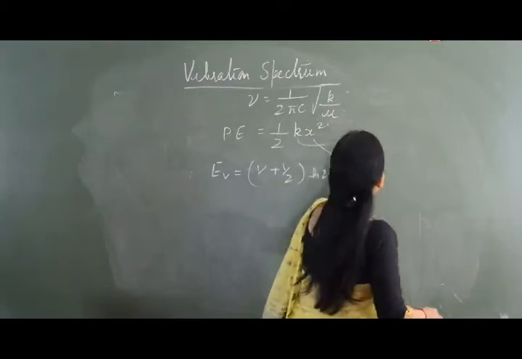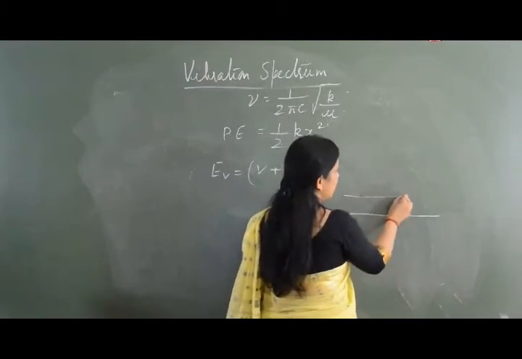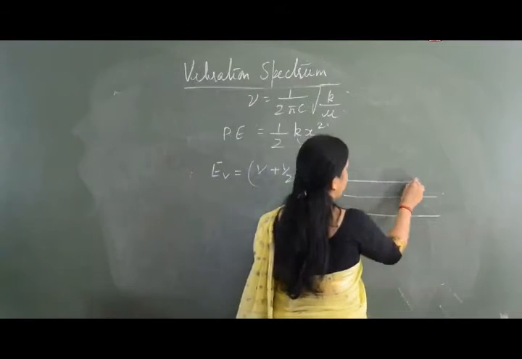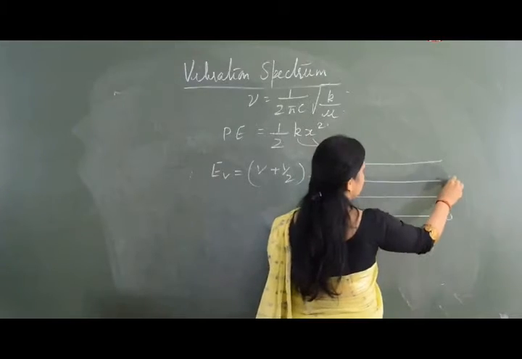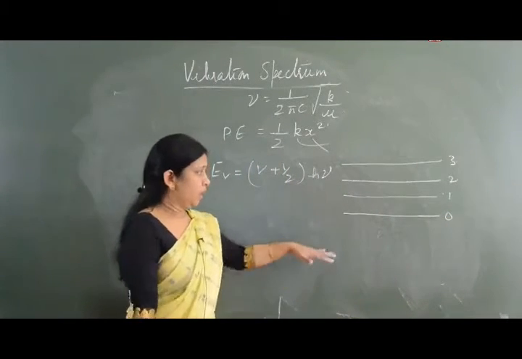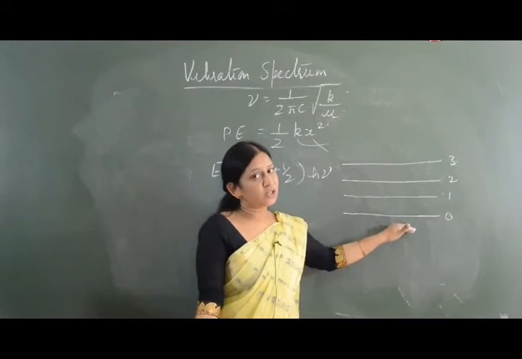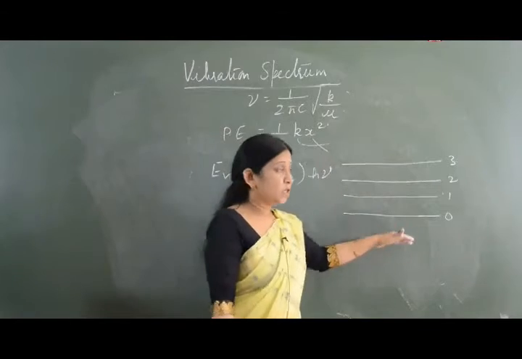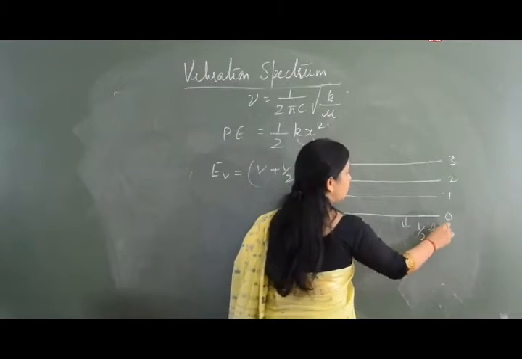Now the meaning of this energy is, suppose these are the vibrational levels: 0, 1, 2, 3. According to this equation, the lowest vibrational state is not going to have energy equal to 0, but the energy here is half h nu.